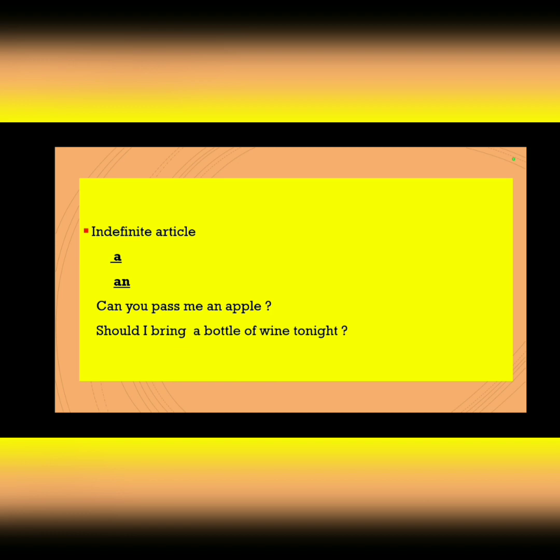The indefinite article indicates that a noun refers to a general thing, a general idea, rather than a specific thing.